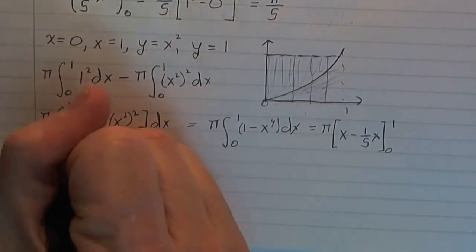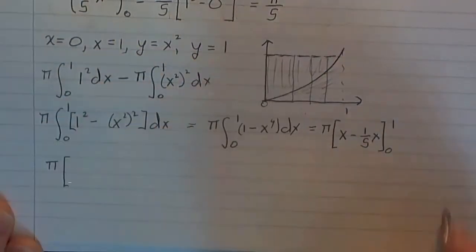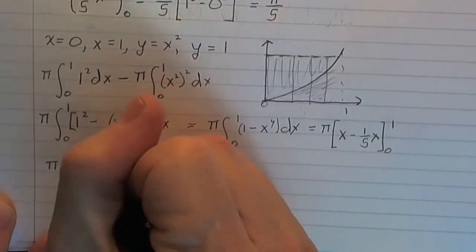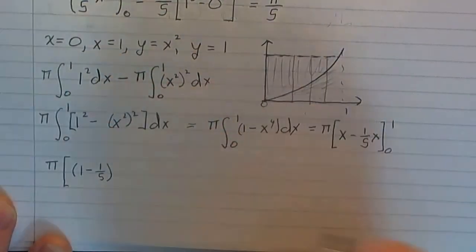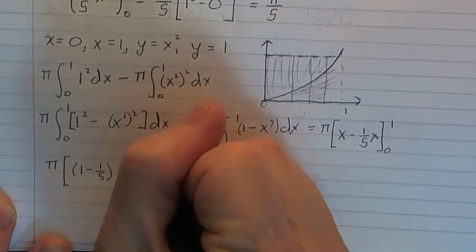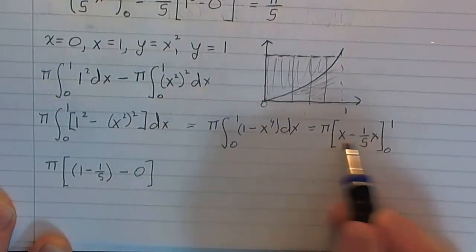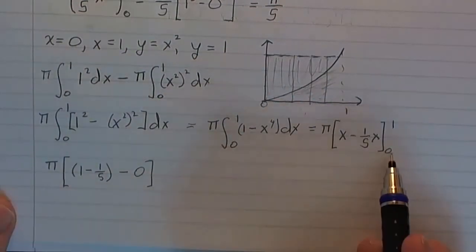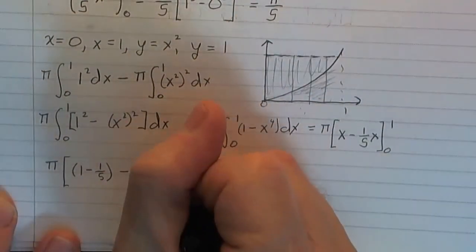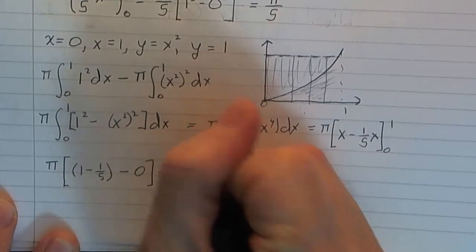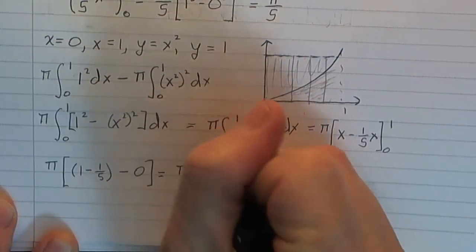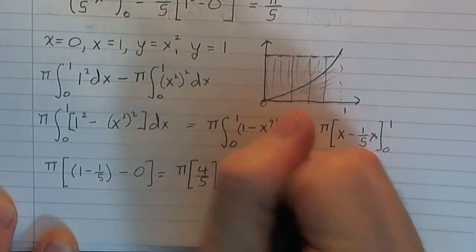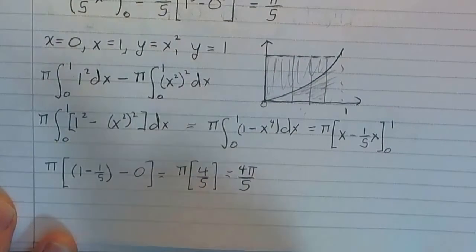We've got pi times, if I put in a 1, I've got 1 minus 1/5, minus putting in a 0. Well, that would just give me a 0. See? I put in a 1 and put in a 0. So it could get a little bit messier if this bottom bound were not 0, but fortunately it is. So this is going to be pi times 4/5. See? 5/5 minus 1/5. So this is going to be 4 pi over 5.